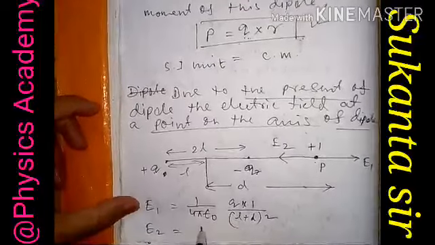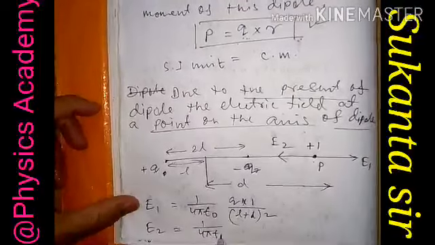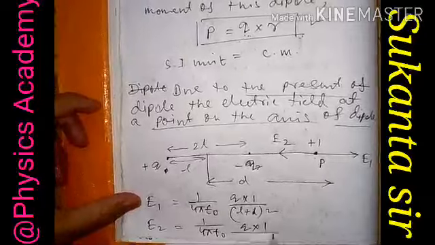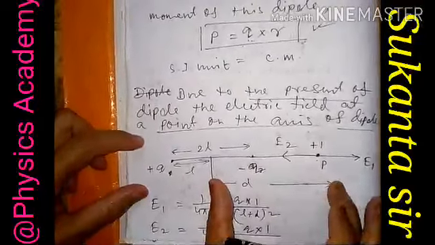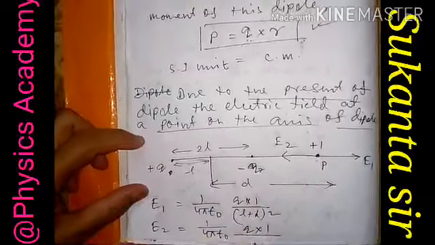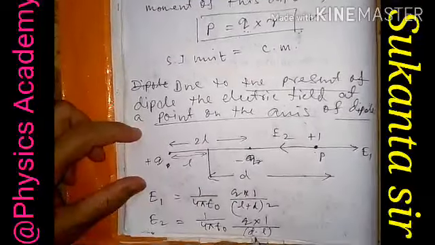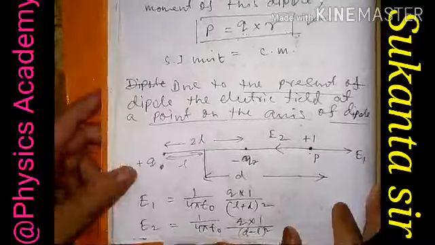Similarly, E2 we can write as 1 by 4 pi epsilon naught q into 1 divided by this distance, which is d minus L, whole square.